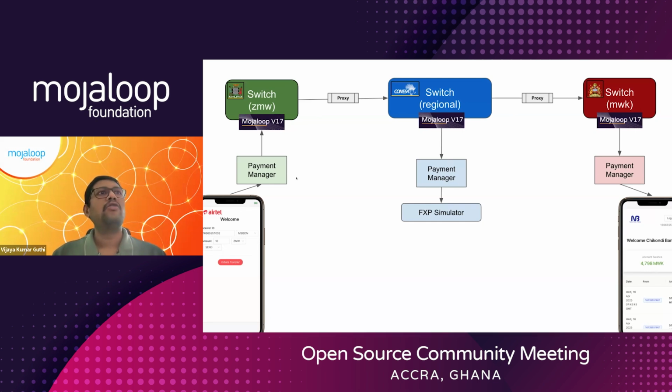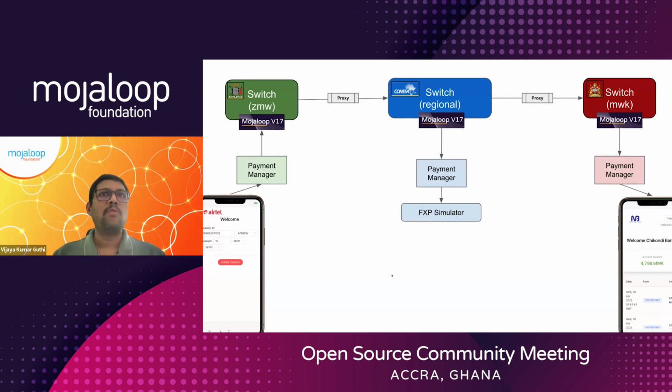So I'm using 2 DFSP deployments using payment manager, one for payer and one for payee. And also we have one for FXP, foreign exchange provider. So the FXP is connected to regional scheme here.